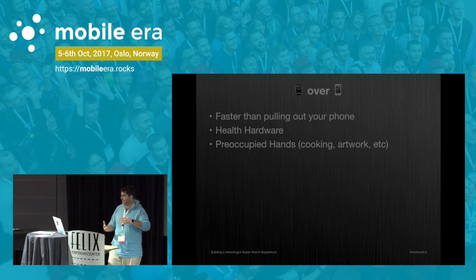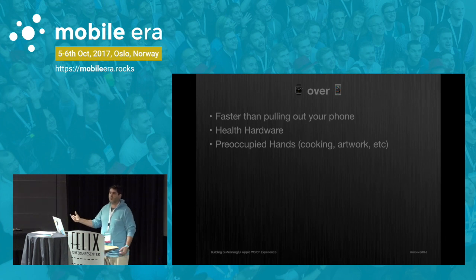And I like to boil them down into these three. So why would you use the watch over the phone? First and foremost, sometimes it's simply faster than taking out your phone. Whether your phone's in your pocket, in your bag, sitting on your desk, there are some things that it's simply faster to glance down at your wrist and keep moving, right? So that's one key reason why people use their watch over their phone.